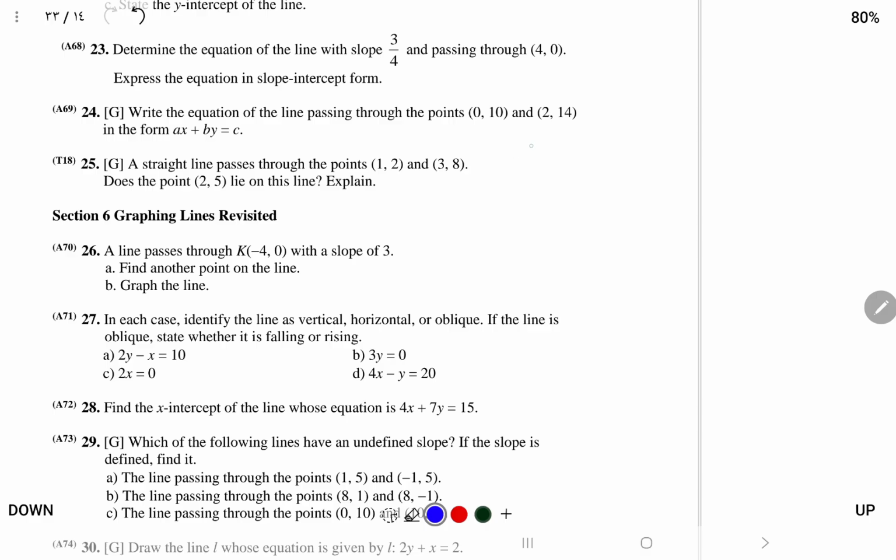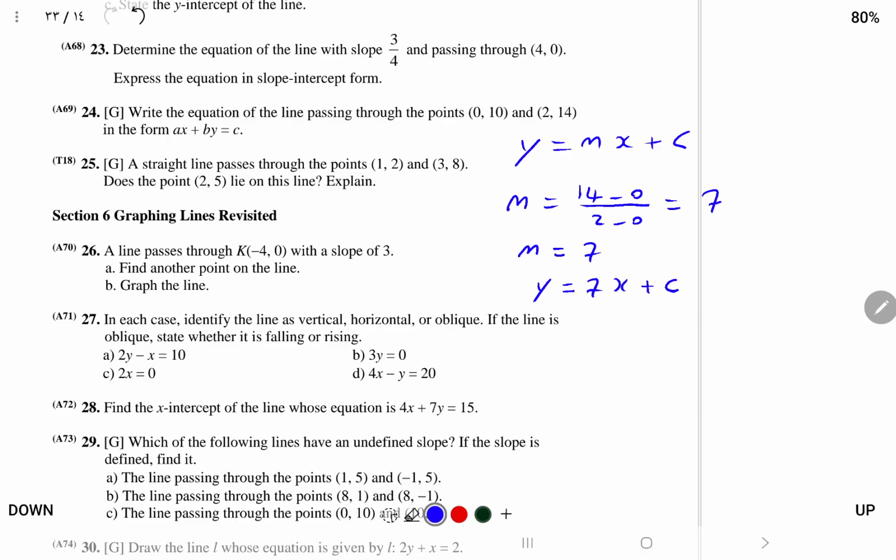First step, I write the slope-intercept form of the equation, which is y equals mx plus c. And then I find the slope. M is equal to 14 minus 0 divided by 2 minus 0. This will be 7. So m equals 7. So this means y equals 7x plus c.